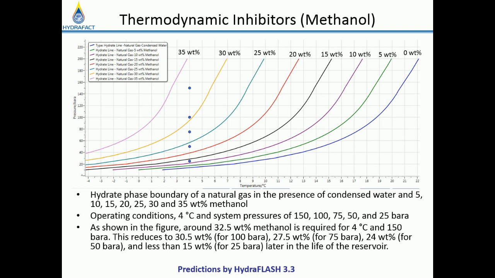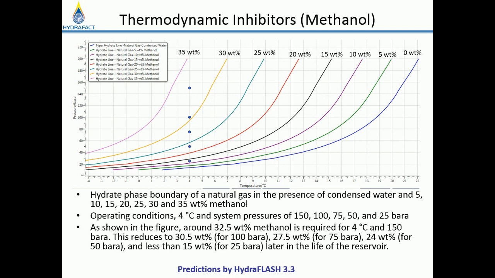Also, inhibitor loss to hydrocarbon phases. Obviously, in the beginning of reservoir life, pressure is high, but the pressure will drop due to depletion of the reservoir. For simplifying this discussion, let's ignore the safety margin and non-homogeneous distribution.